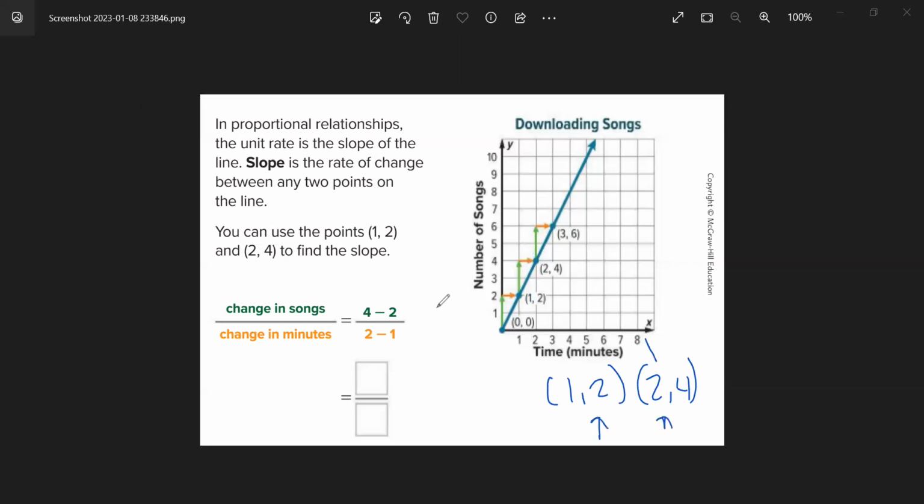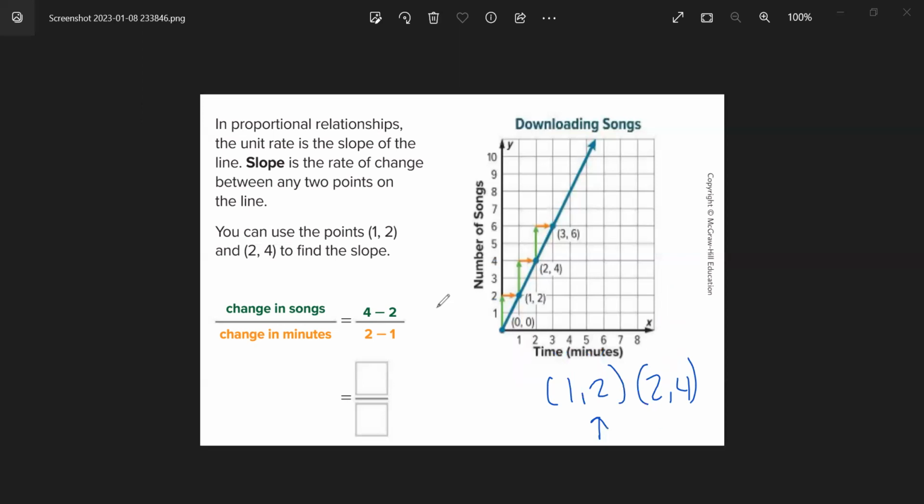Because the first number will always be X and the second number will always be Y. If you see this in the graph, X is right here, it's 1, and Y is 2. If we see the second point, X is 2, and Y is 4. So we have our point right there. That's how we write these points.